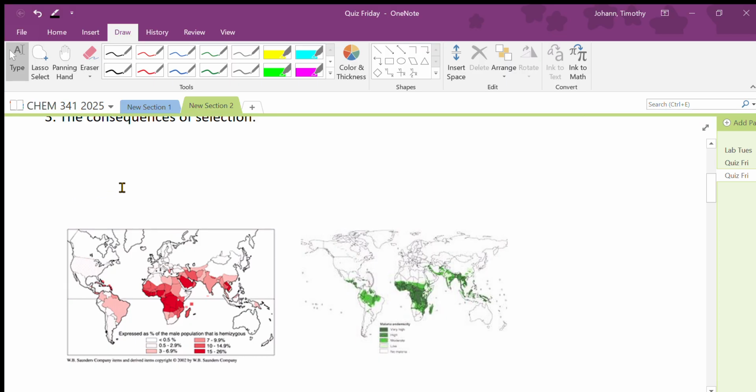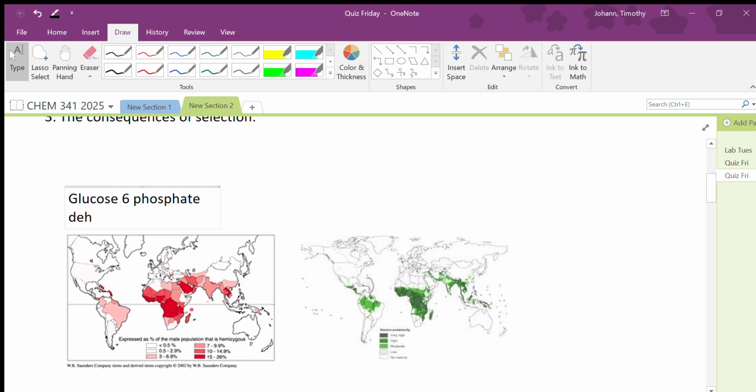So we talked about this genetic disorder called glucose-6-phosphate dehydrogenase deficiency, right? These maps are relevant to that.